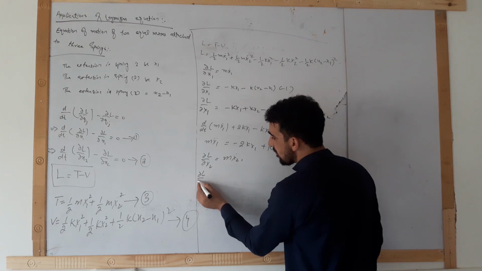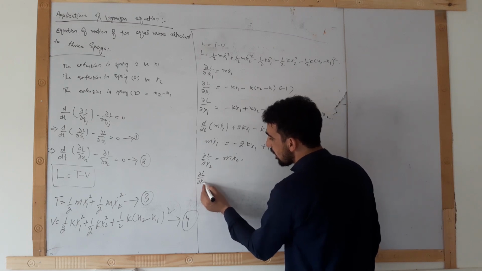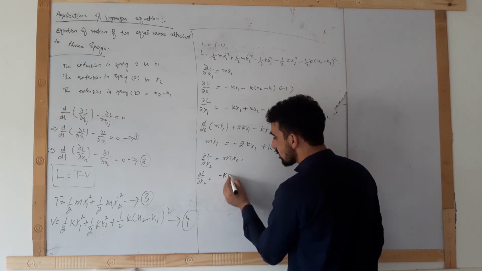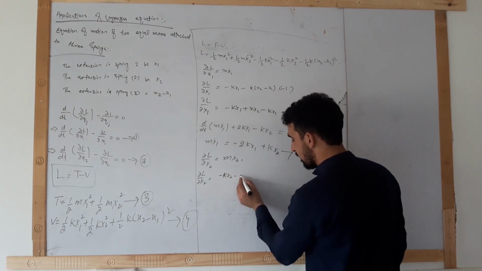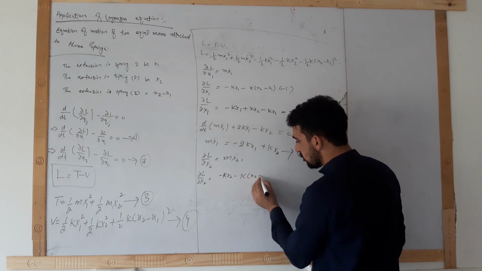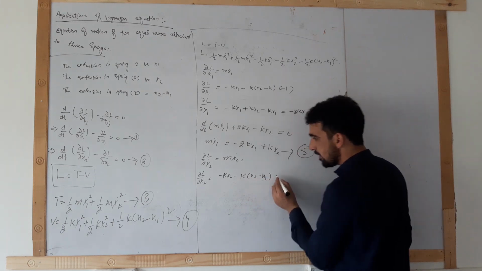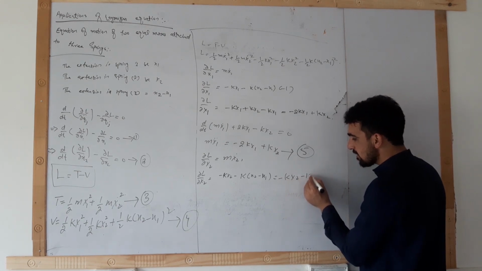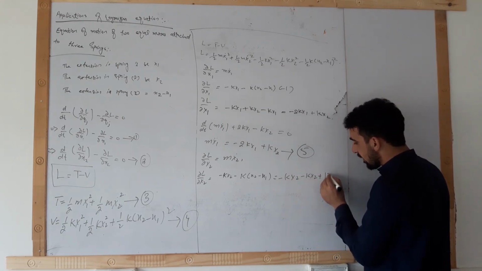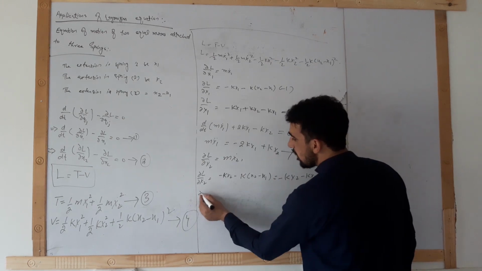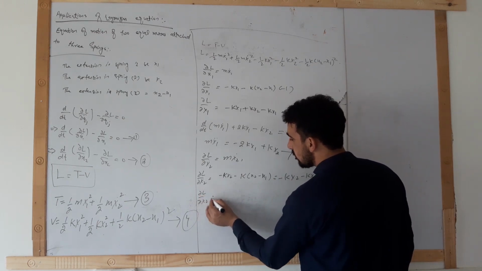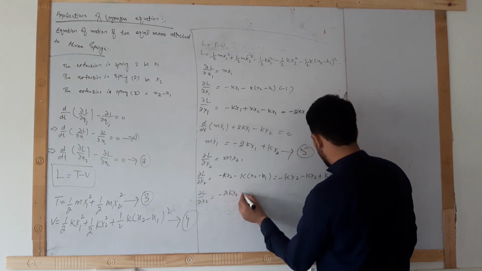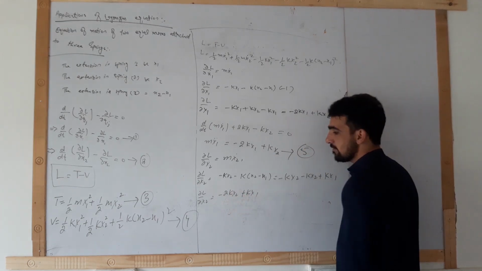Similarly, partial L by partial x2 is equal to minus k x2 minus k times x2 minus x1, and this is equal to minus k x2 plus k x1. So partial L by partial x2 is equal to minus 2k x2 plus k x1.